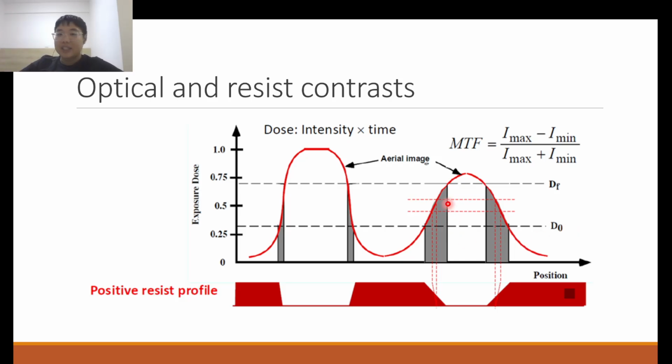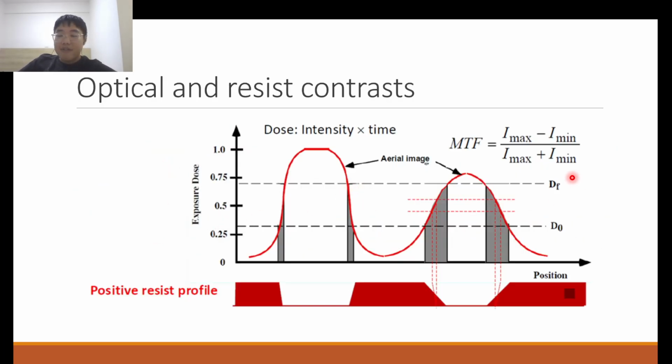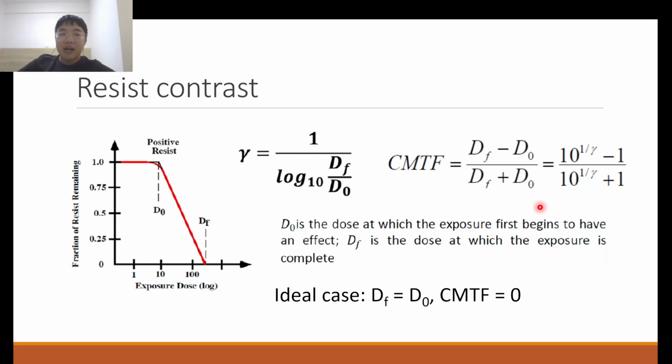However, now we can also look at how we can resolve this by using a photoresist with better contrast. So df and d naught are once again the same definition as over here. When df and d naught are very far apart, it represents a poor CMTF, a poor resist contrast.